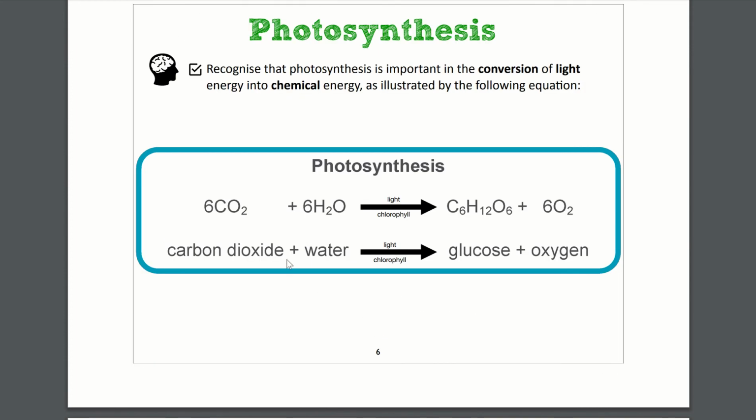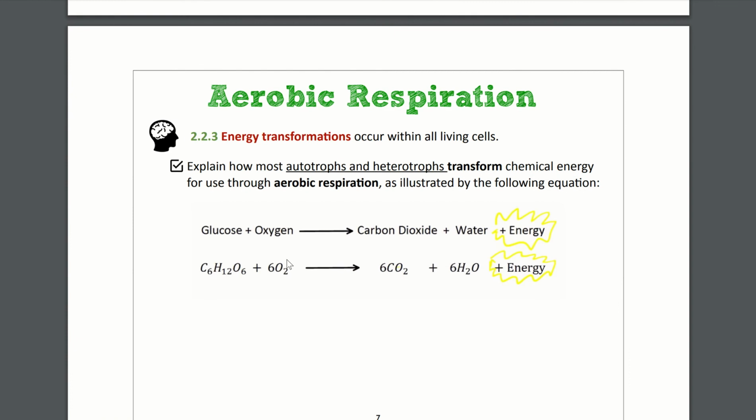Here's the equation for photosynthesis, and here's the equation for aerobic respiration. You can see glucose, which is the sugar, needs oxygen. That's why this is called aerobic respiration. So when there's oxygen, glucose plus oxygen turns into carbon dioxide plus water plus ATP energy.